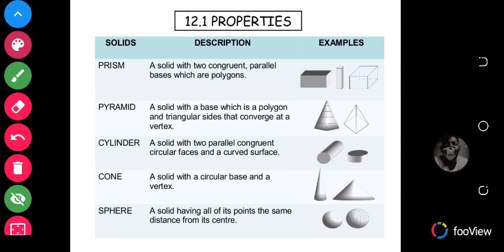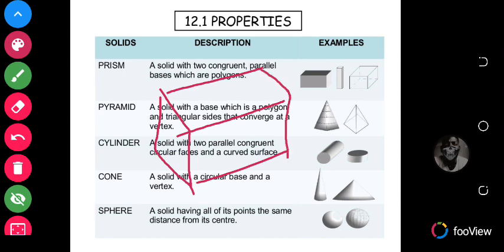All these are polygons. So any 3D figure with congruent or parallel bases or sides, meaning that once some of their sides are parallel, and they have a shape such as this, then they can be referred to as a prism.